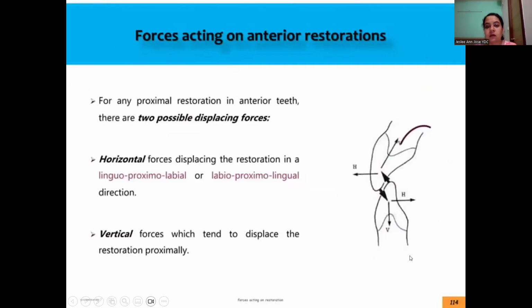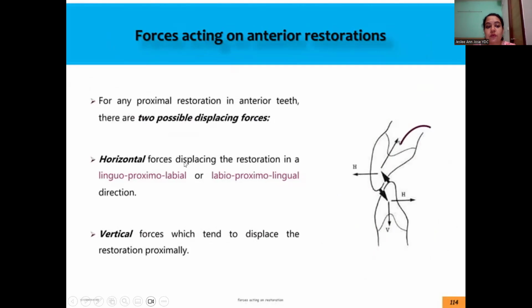Okay. Now coming to the forces acting on the anterior restoration, whenever there is a force acting on the anterior restoration, it can be resolved into a horizontal component and a vertical component.